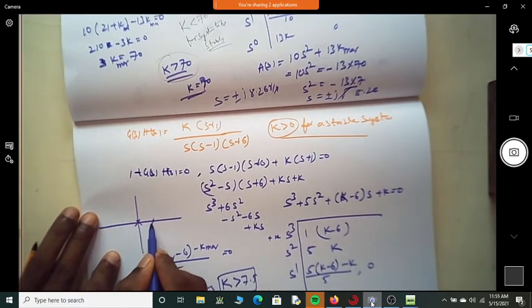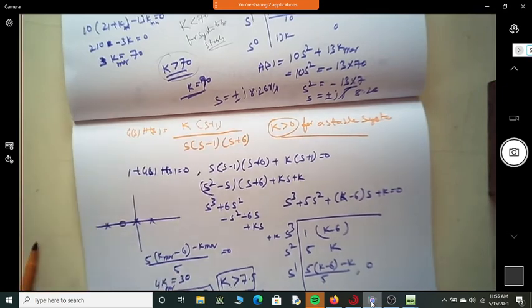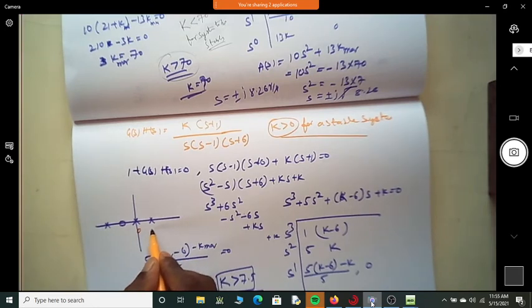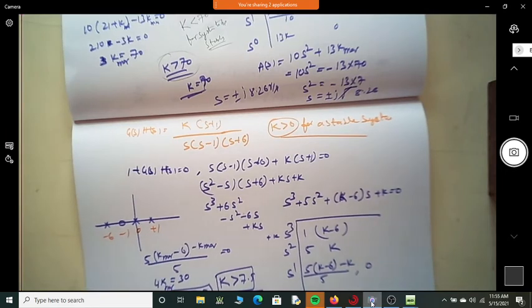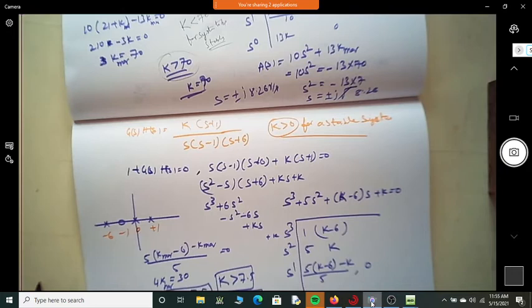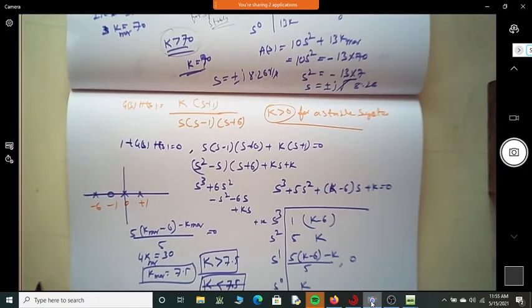Is it like this? Is it at the origin? Is it at plus 1, minus 1, minus 6? Correct? Actually what happens here is very interesting to see.